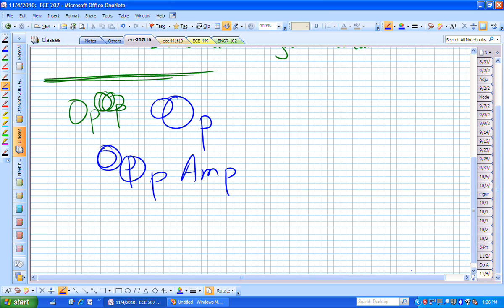This point right here is the same as that point. Those red and green pins, the ends of those are physically connected effectively because they're both at ground.